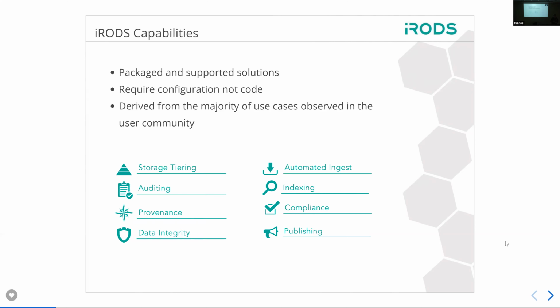So the metadata also allows you to take action on your data via the rule engine, which is built into iRODS. So that's the workflow automation piece. We'll be seeing a little bit of that with storage tiering during the demo tonight, I guess.